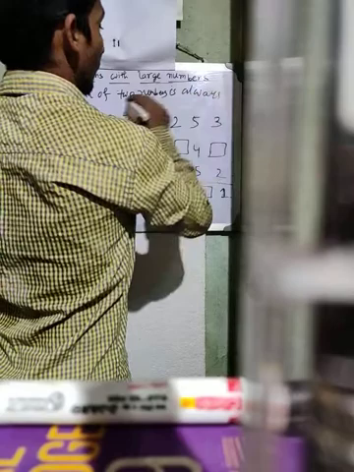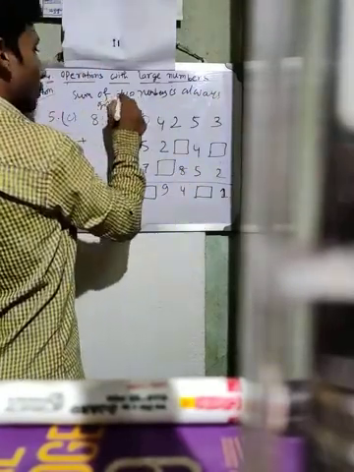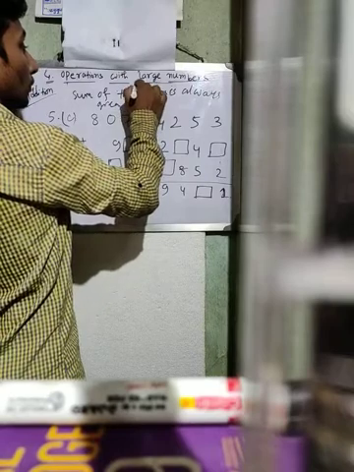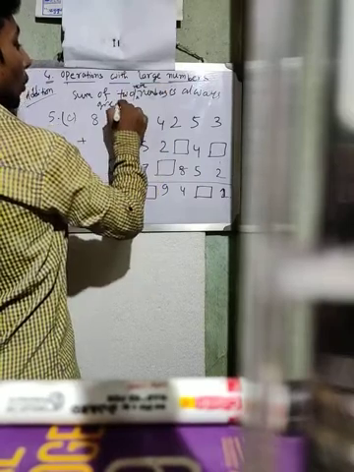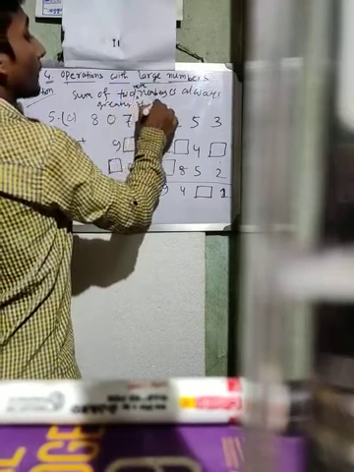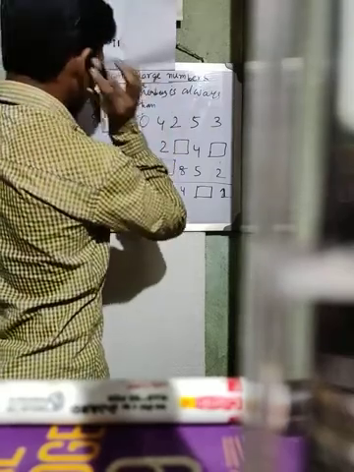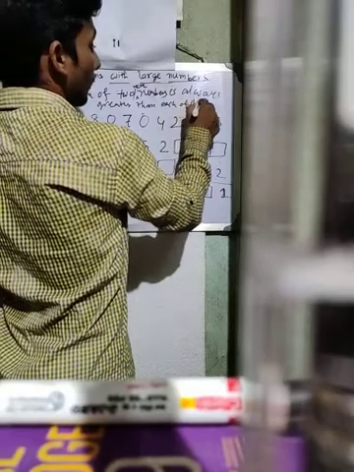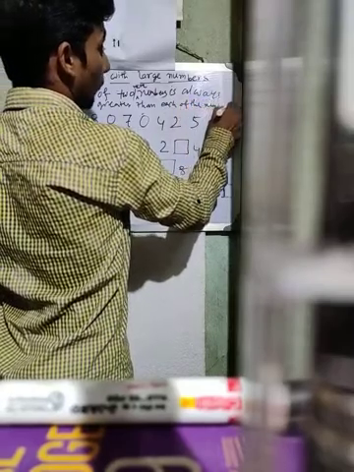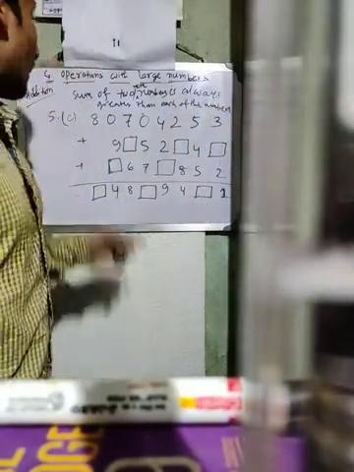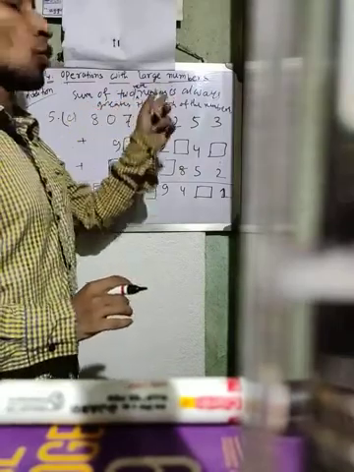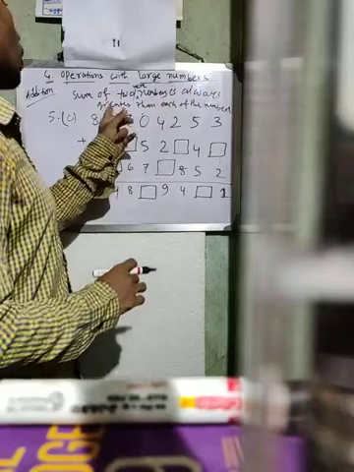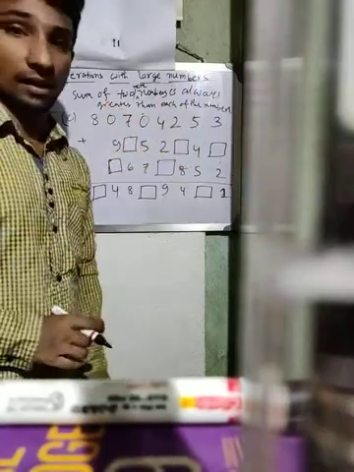Remember this line: the sum of two or more numbers is always greater than each of the numbers.